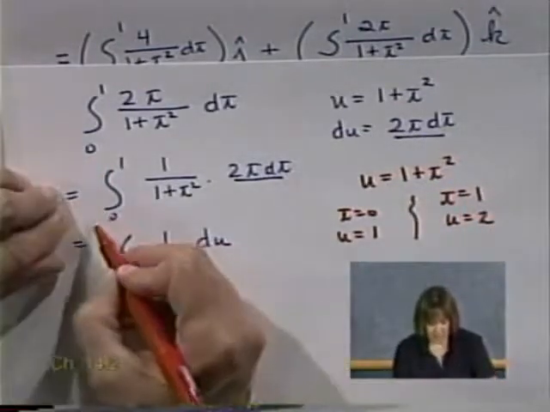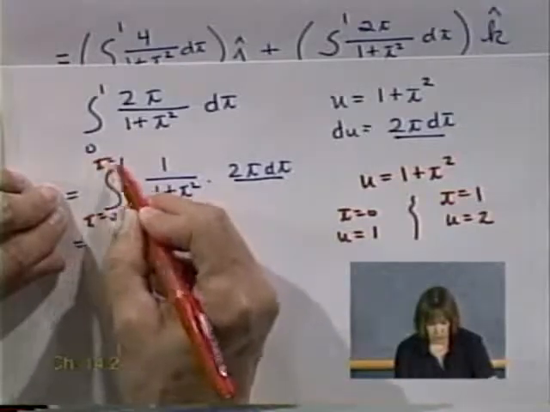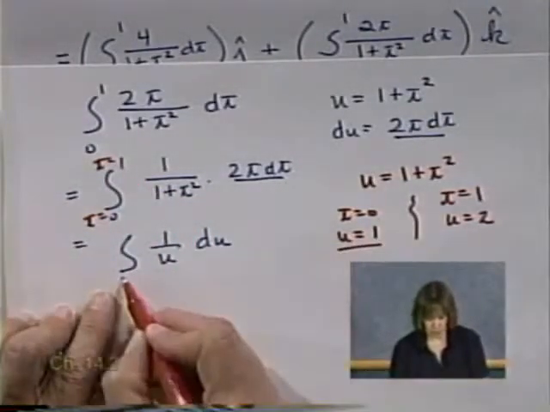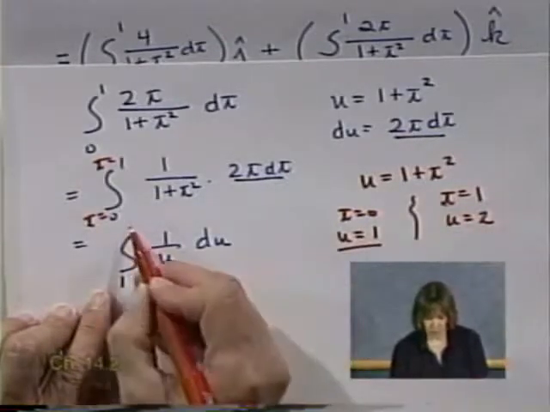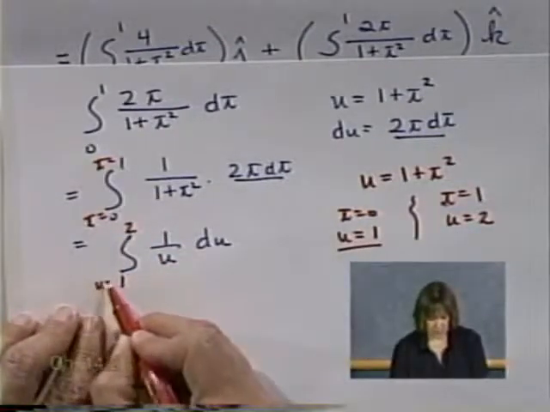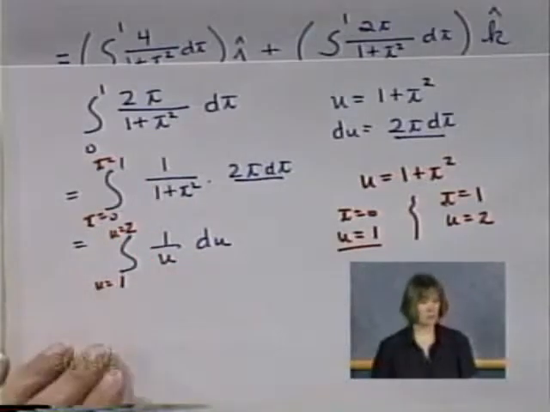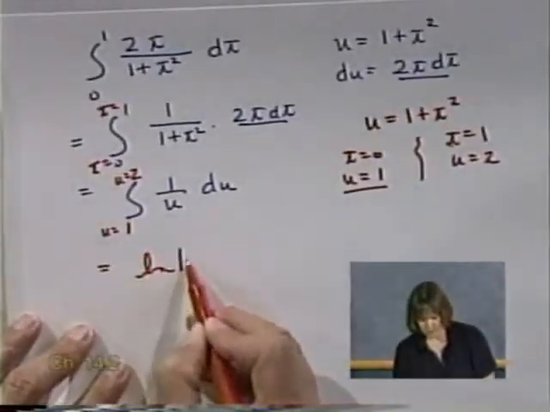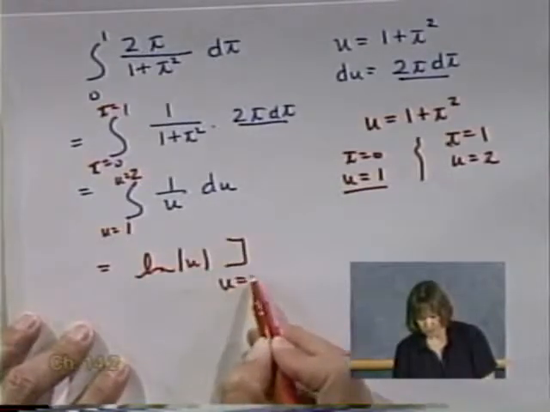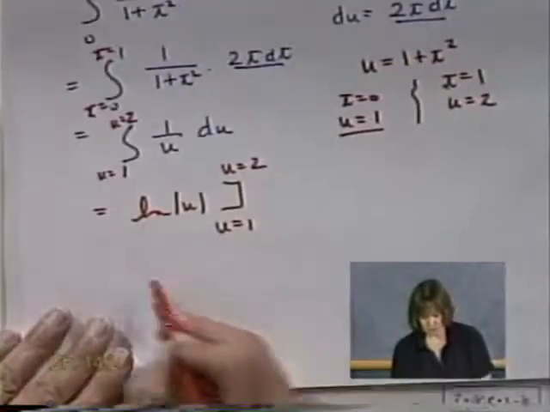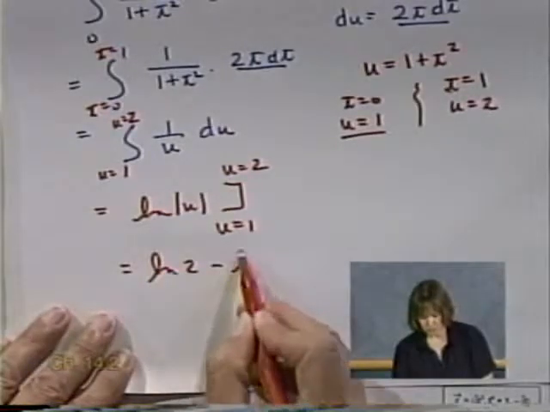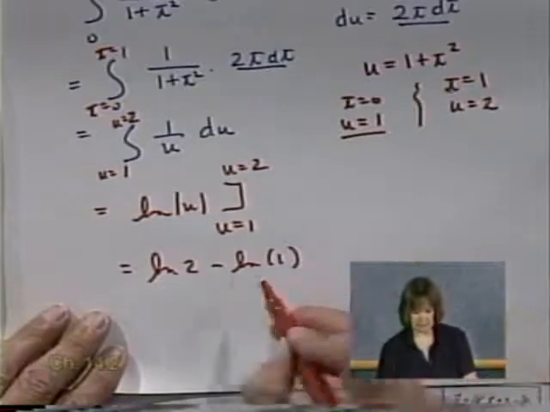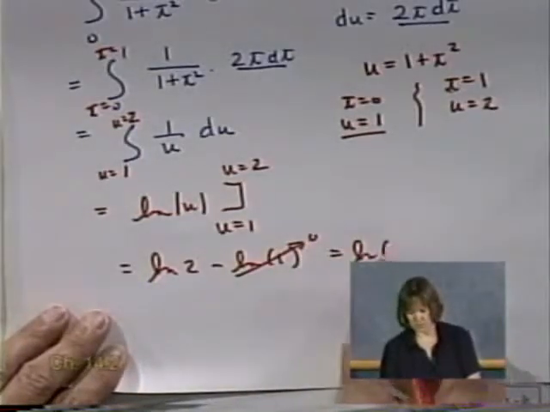So as t ranges from 0 to 1, u ranges from 1 to 2. We can do it that way. And the integral of 1 over u du is log absolute value u, going from u equals 1 to u equals 2, which is natural log of 2 minus natural log of 1. Does anybody remember what the natural log of 1 is? 0. So this is natural log of 2.